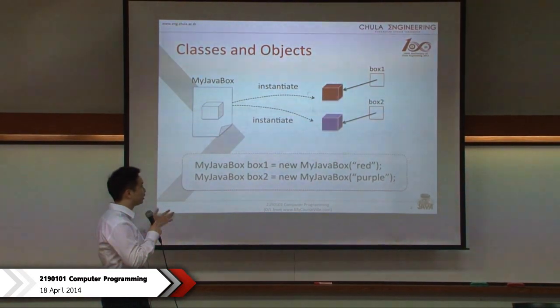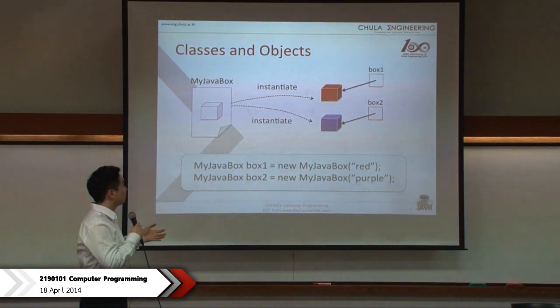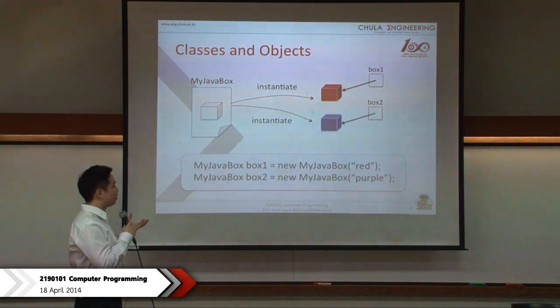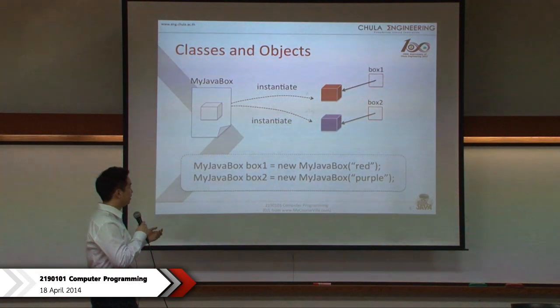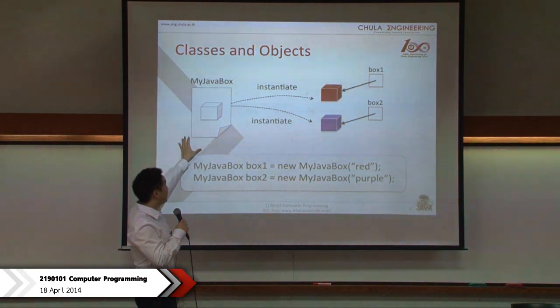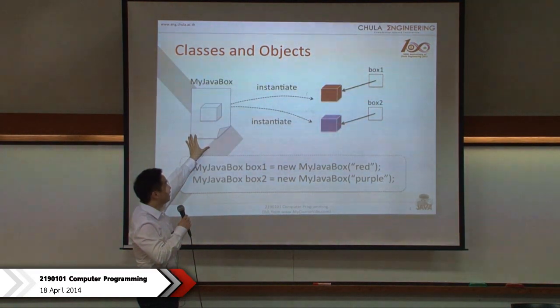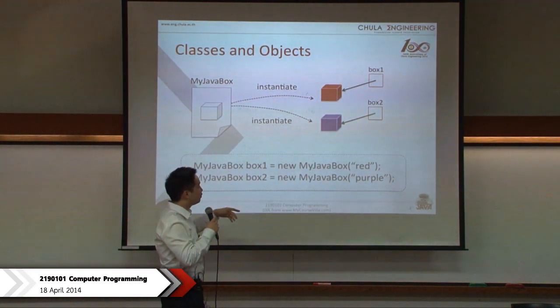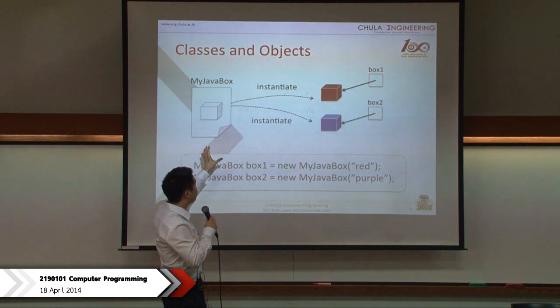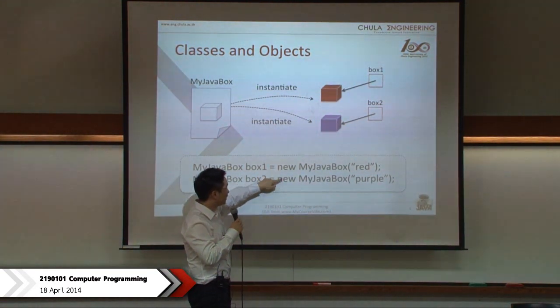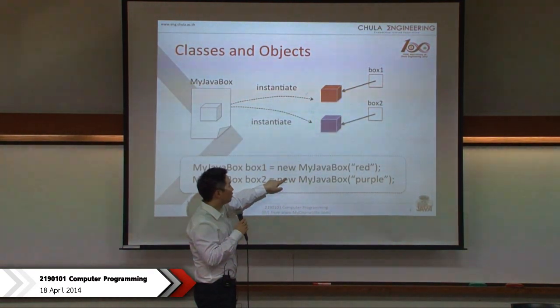Now we're showing you a concrete example of what you need to do to instantiate objects. So you have, as an example, MyJavaBox as the class name, and to simply have multiple instances of MyJavaBox, you simply just instantiate with the keyword new, right?